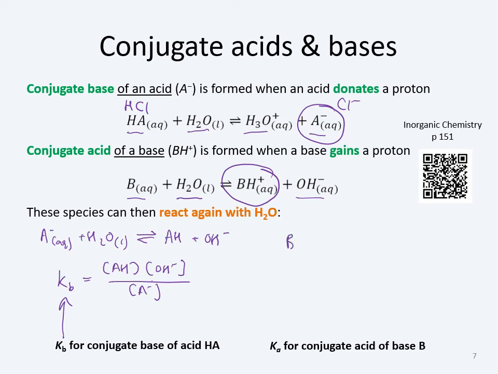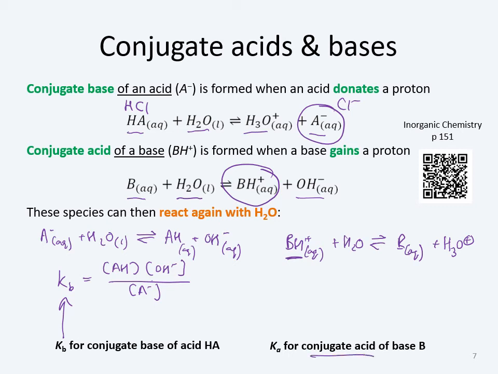So again, you've got BH plus (aq). Oh, I've missed out a couple of state symbols on the first equation. Let's put them in. BH plus (aq) plus H2O is in equilibrium with B, so it reforms the base, plus H3O plus. This is behaving as an acid here because it's a conjugate acid.